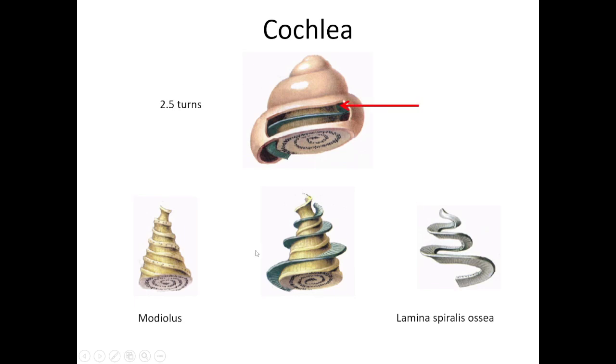Due to lamina spiralis ossea, each turn of the cochlea is divided into 2 stairs. Stair means scala in Latin, and not only in Latin, in Italian also. You know, in the town of Milano, there is a very famous opera theater, La Scala.